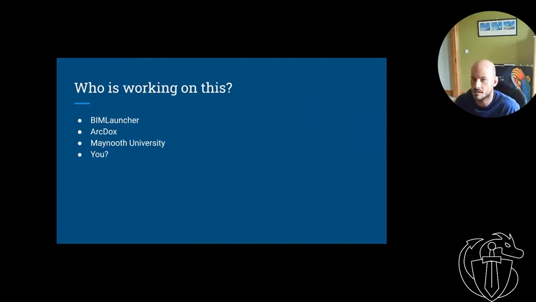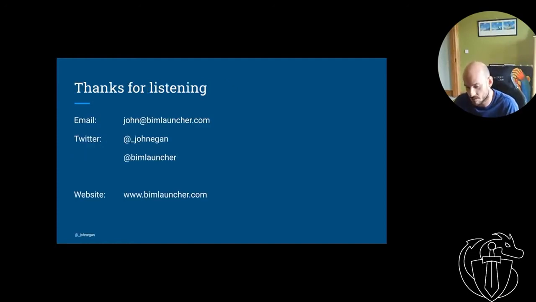We're currently engaged with ArcDocs and Maynooth University in a research project, and we're looking for people to get involved and help us define this common schema for information containers. So that's me. Thank you.